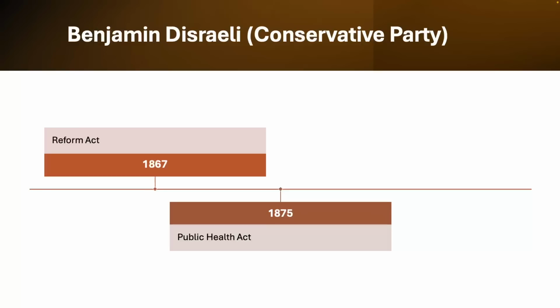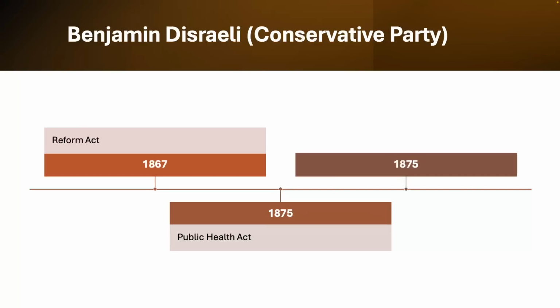It required that local authorities ensure the provision of clean water, clean sewage systems and sanitation, and help improve public health conditions, particularly when thinking about the rapidly growing urban areas. That same year, we also get the Artisans' Dwellings Act, which allowed local authorities to clear slums and to build better housing for working class people, reflecting Disraeli's commitment to improving the living conditions of the poor.